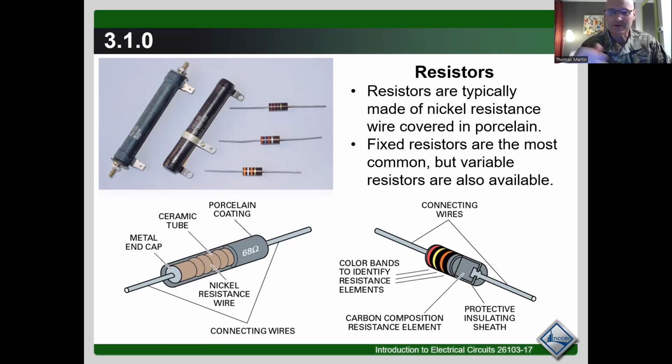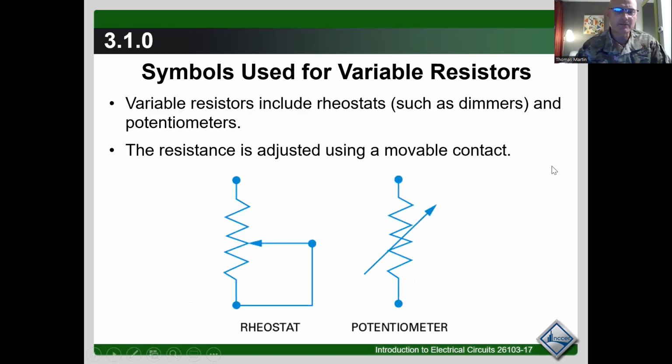So anyway, resistors are typically made of nickel resistance wire covered in porcelain. Fixed resistors are the most common, but variable resistors are also available. You can look at the different color bands, and we'll go over that just briefly, though. All right, here are some symbols used for variable resistors, to include a rheostat, such as a dimmer. A rheostat is an adjustable way to adjust the amount of voltage running through something.